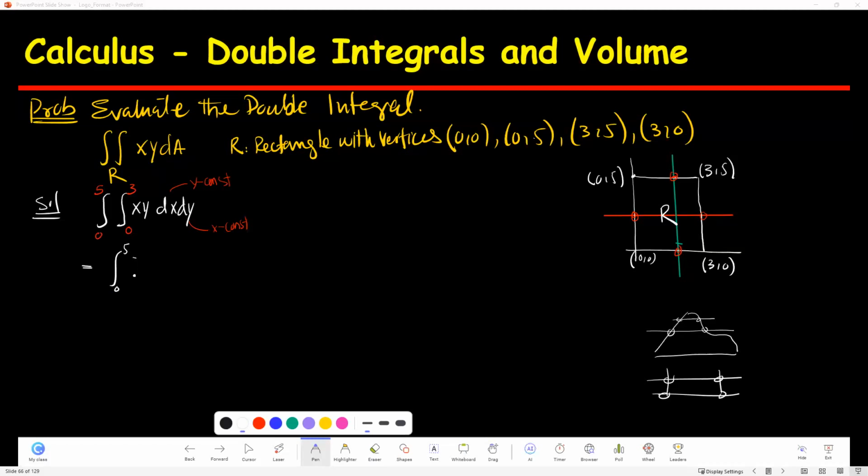Then I'm going to write half x squared y, plus, that's pretty much it. It's done.